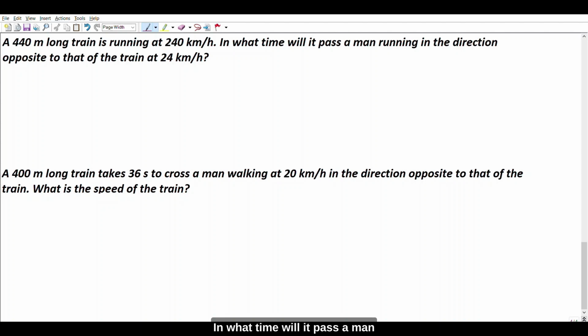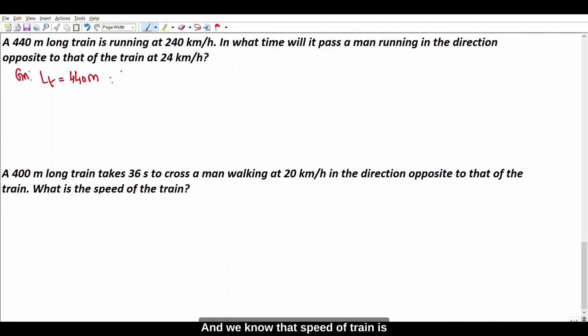In what time will it pass a man running in the direction opposite to that of the train at 24 km per hour? So we know that length of train LT is equal to 440 meter. Since it is crossing a man, length of the man will be negligible.